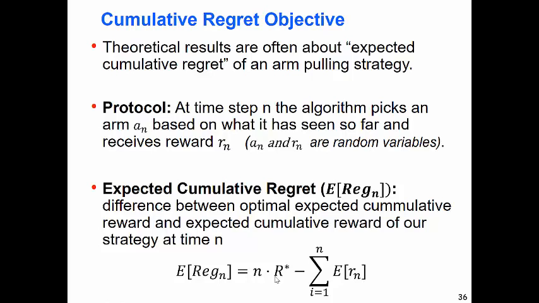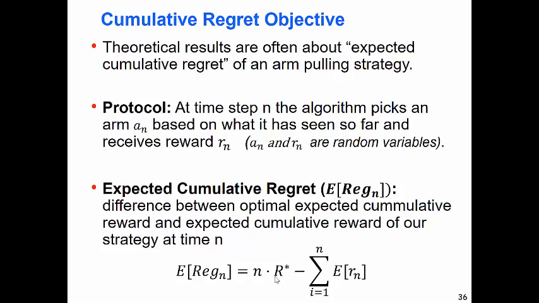You want an algorithm that eventually converges to something that has zero regret. Even in the beginning for small n, you're going to have some regret, because the first time you pull an arm, you don't know what the optimal one is. You have no information. But as n gets large, you're hoping that the regret will get smaller and smaller.